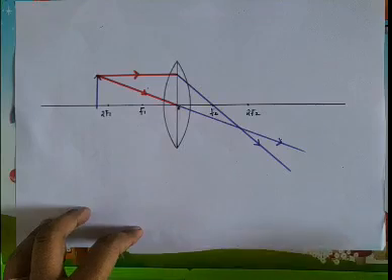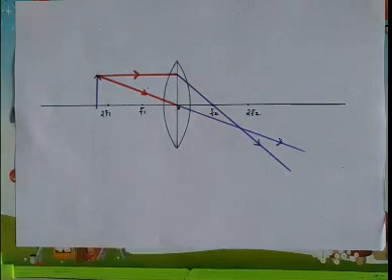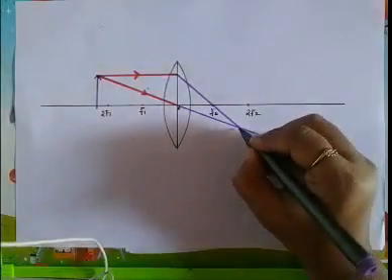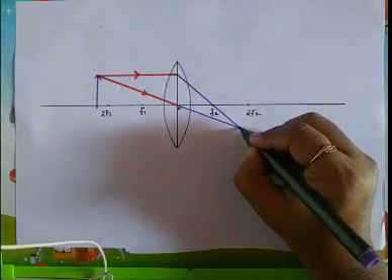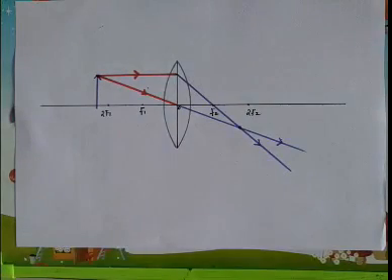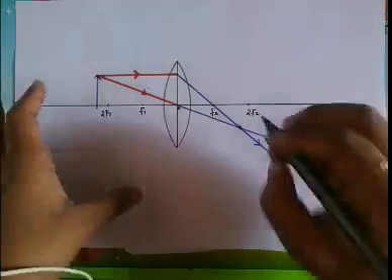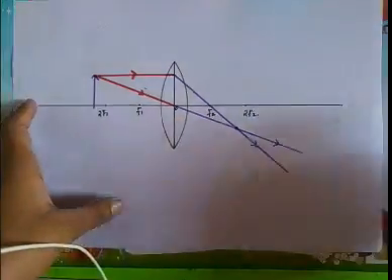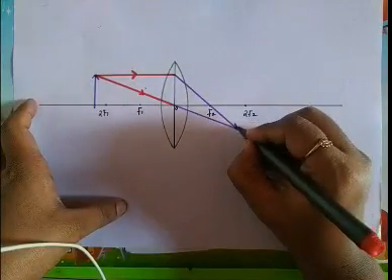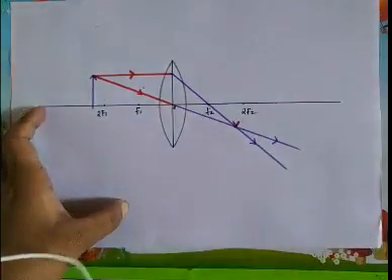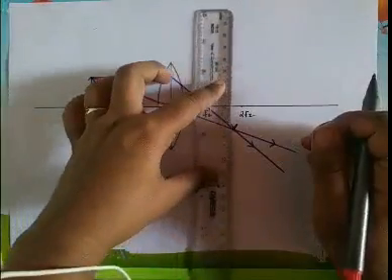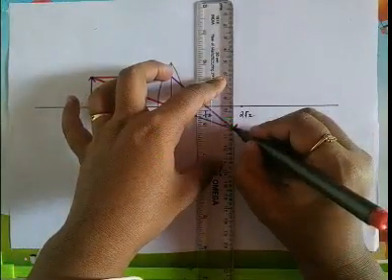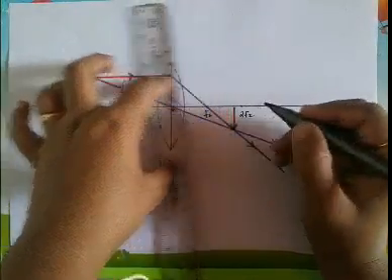Now we need to locate the point where the two refracted rays are intersecting. So this is the point where the two refracted rays are intersecting. This is the point where you will get the image, from the principal axis.